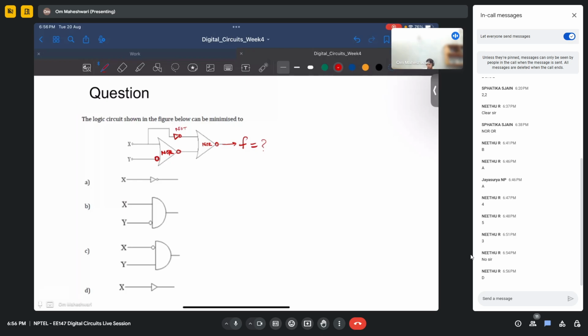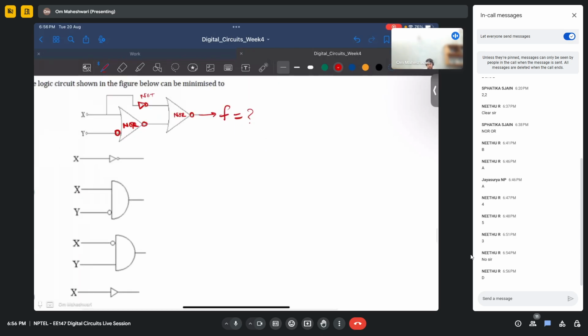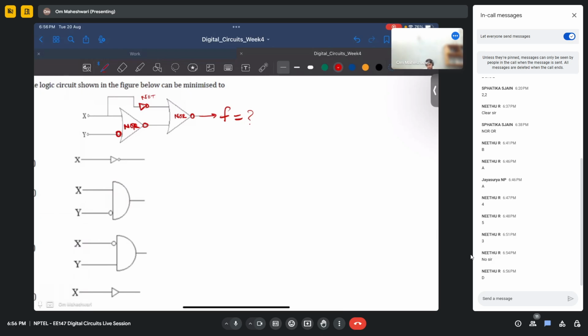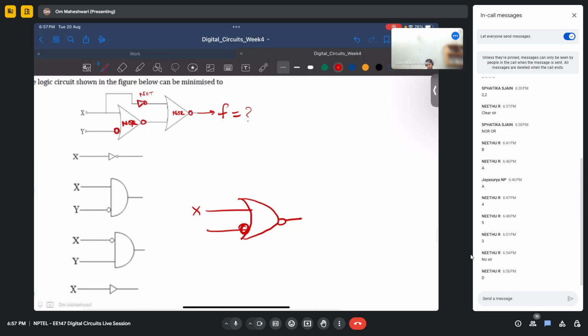Beneath this is D. So let us see. The circuit that we have is... Okay, so your input here is X and Y bar, right?